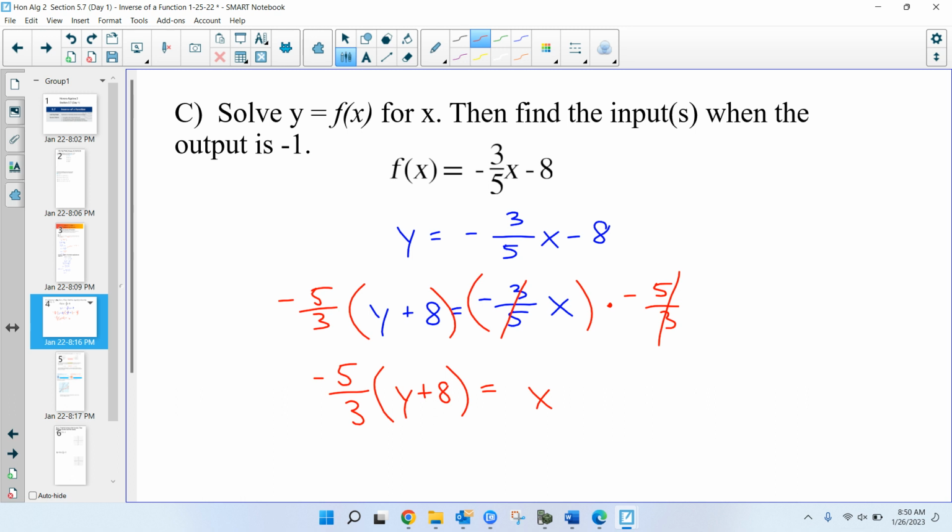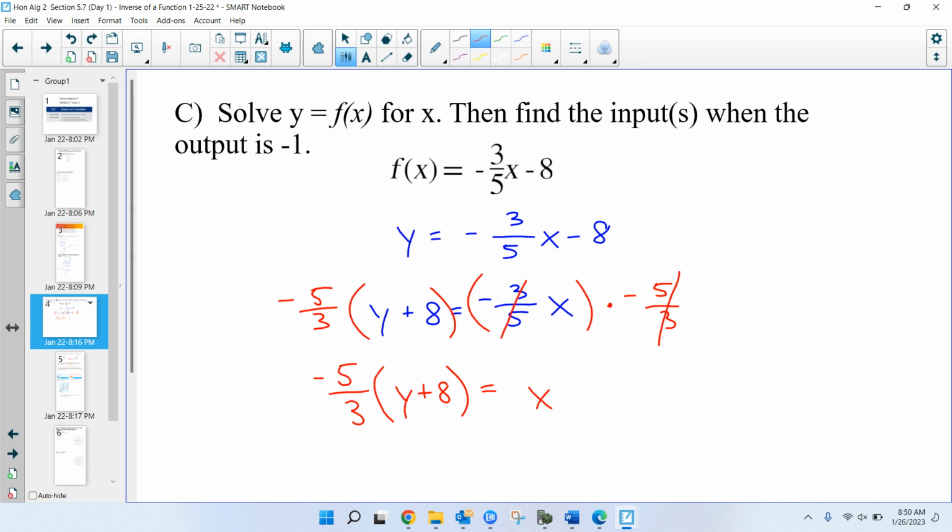If you choose to distribute that negative 5/3, now here, this is the only reason, guys, listen up, please. This is the reason why I'm on the fence about it. If it's like a 2 out here, I think everybody should distribute that in. Okay, if it's a negative 5/3, negative 5/3 y, and then minus 40/3, it's going to be tough to evaluate.